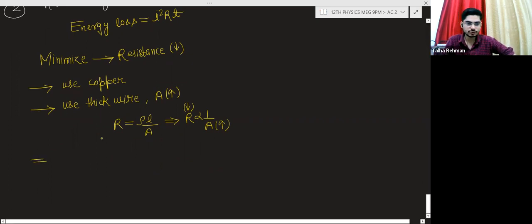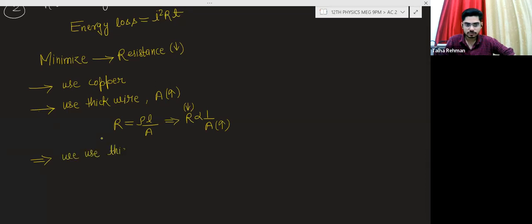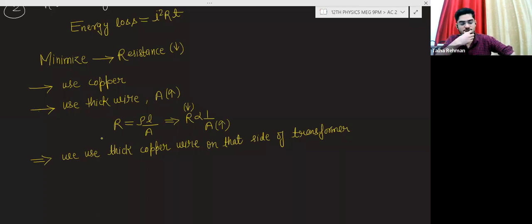So the final solution is that we use thick copper wire on that side of the transformer where the current is high.